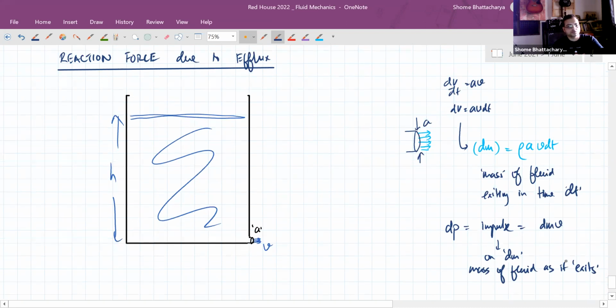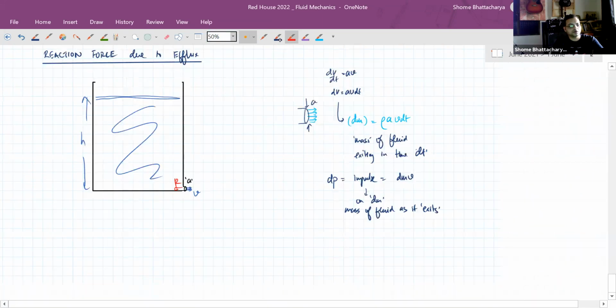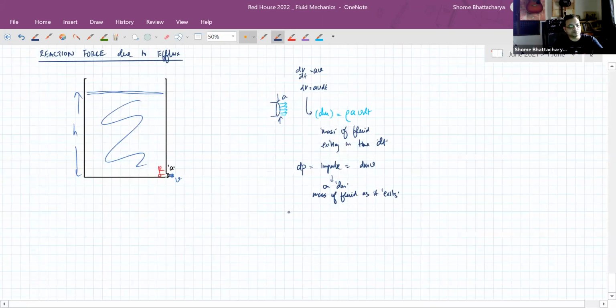So now the reaction force that the liquid coming out applies is equal and opposite to the rate of change of its own impulse, opposite in direction but equal in magnitude, by Newton's third law.